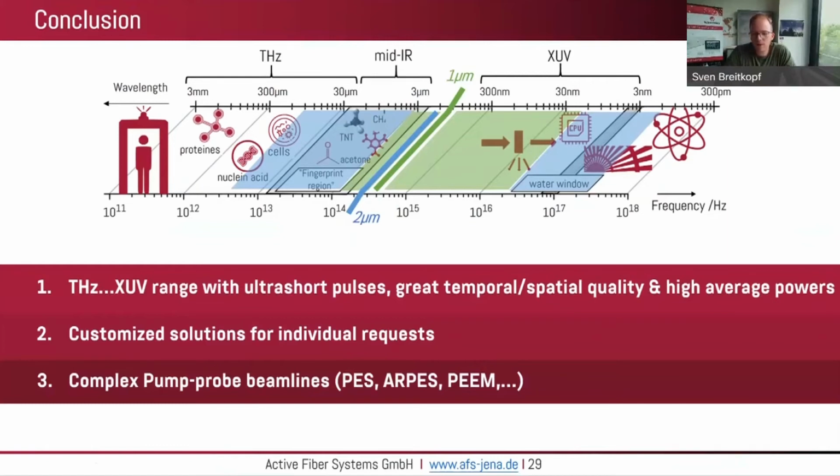That is actually a big part of the requests we're getting, where people want to do photoemission spectroscopy or angle-resolved photoemission spectroscopy. So there's a big field of different photoemission spectroscopy applications nowadays, and this is really of high interest in the scientific world right now.